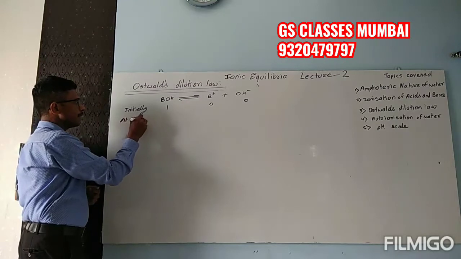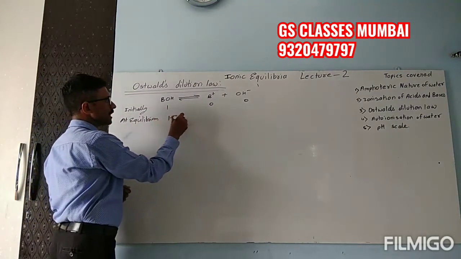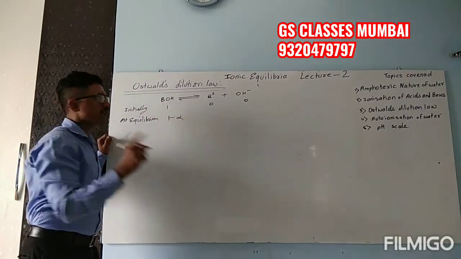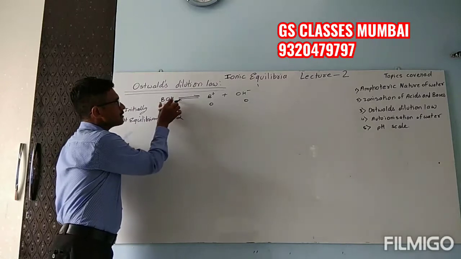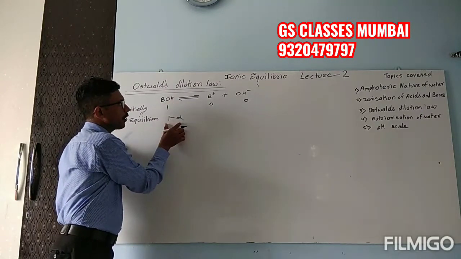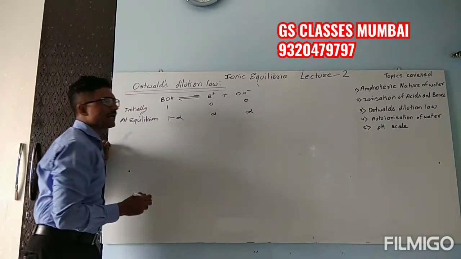Now at equilibrium, if alpha is the degree of dissociation, 1 minus alpha will remain in the undissociated form. Alpha B plus and alpha hydroxide ions will be formed.